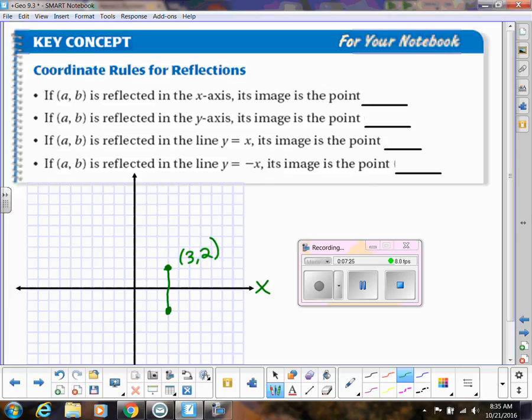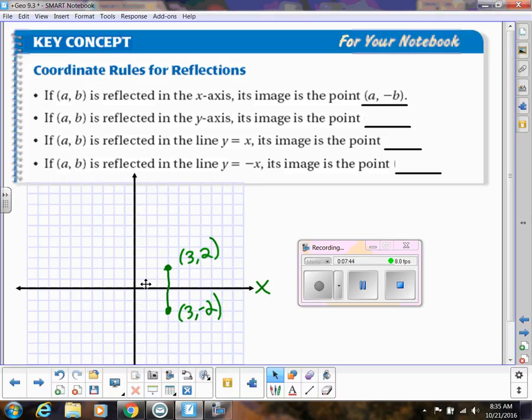And where do I end up? I'm going to end up at 3, -2. So the only thing that changed was the y-coordinate, and the x-coordinate stayed exactly the same. So that's why we have A, comma, -b. If I start with any point A, B, then I'm going to end up with A, comma, -b.